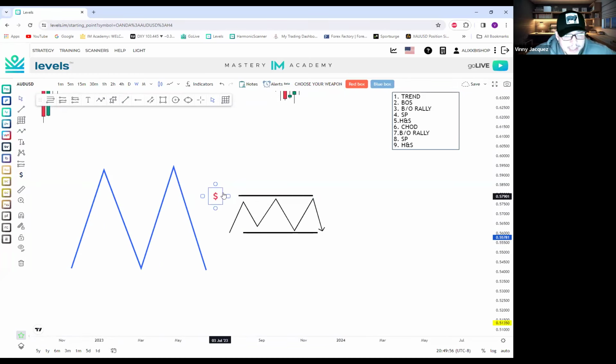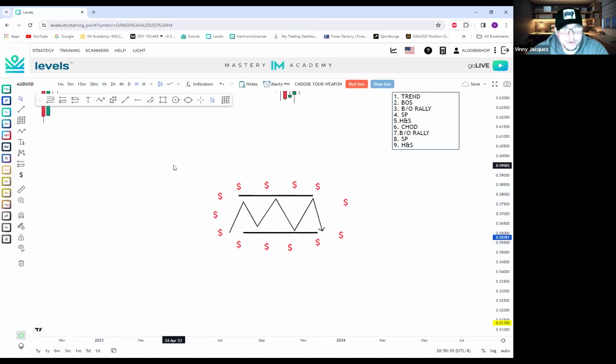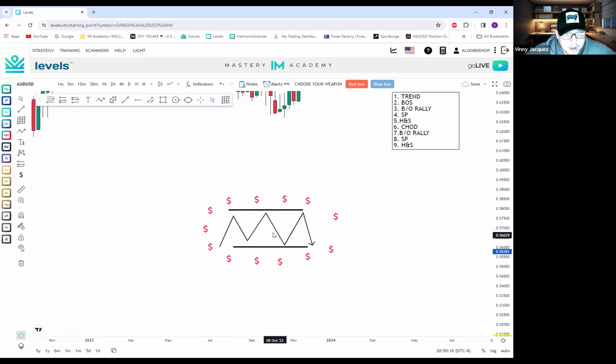So the banks are letting you guys just build up a pocket of money right here. And they're letting you trade this on the 15 minute, on the 1 hour, on the 4 hour. When you see consolidation on the 4 hour, you know scalpers are having a field day on that 5 minute. But look, what happens? Boom. The market just bought up and swept buy side or sell side liquidity.